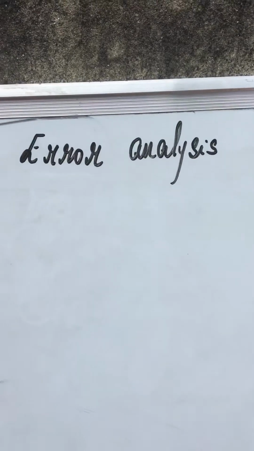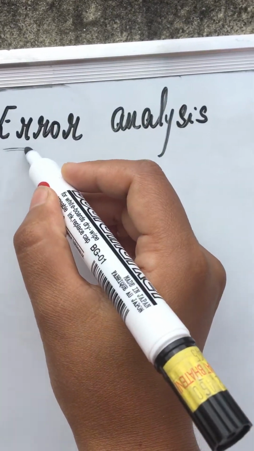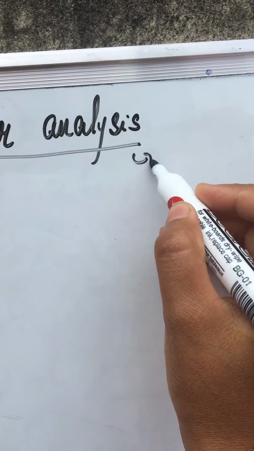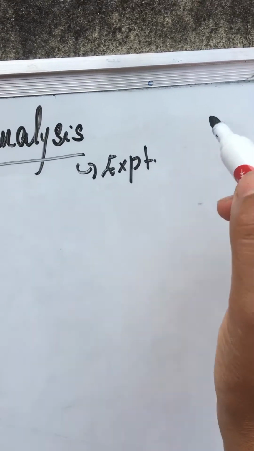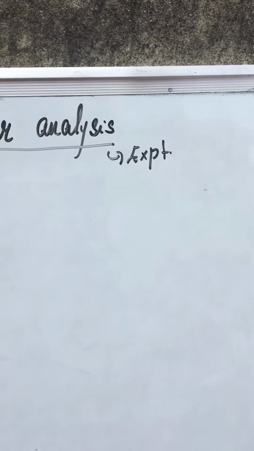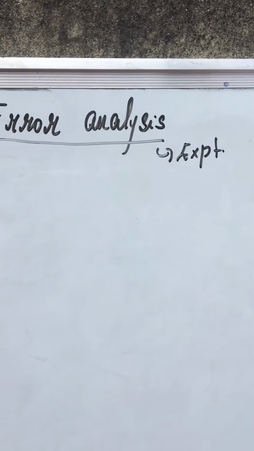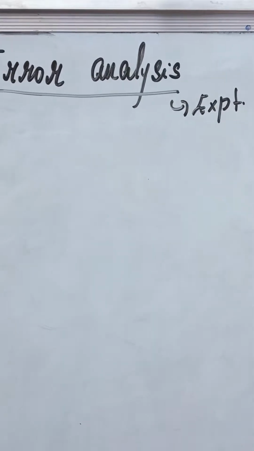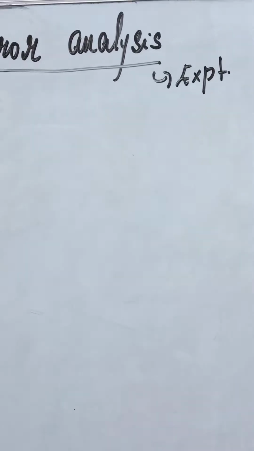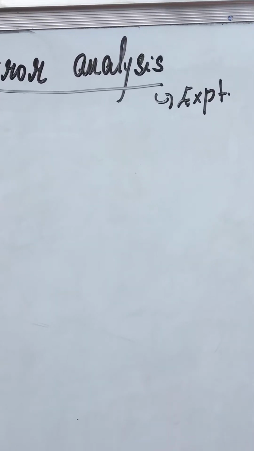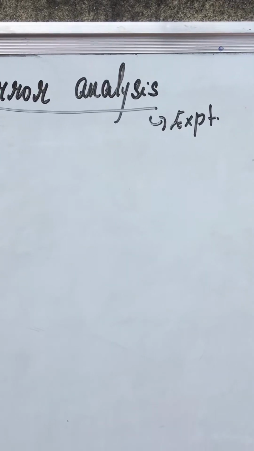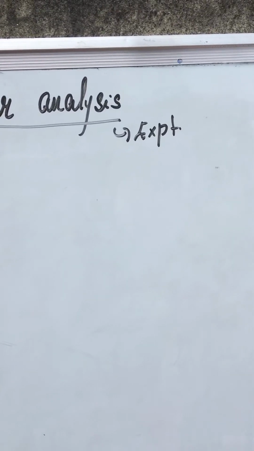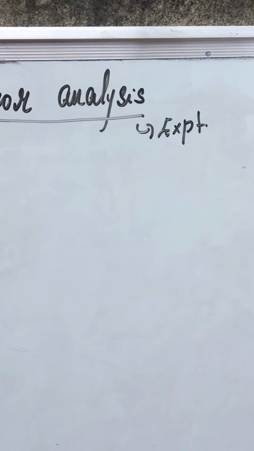This error analysis is very important for the experimental physicist, those who are performing experiments. An experiment can be simple, like measuring the length of a rod, or as complicated as in nuclear physics or the darkroom experiment.